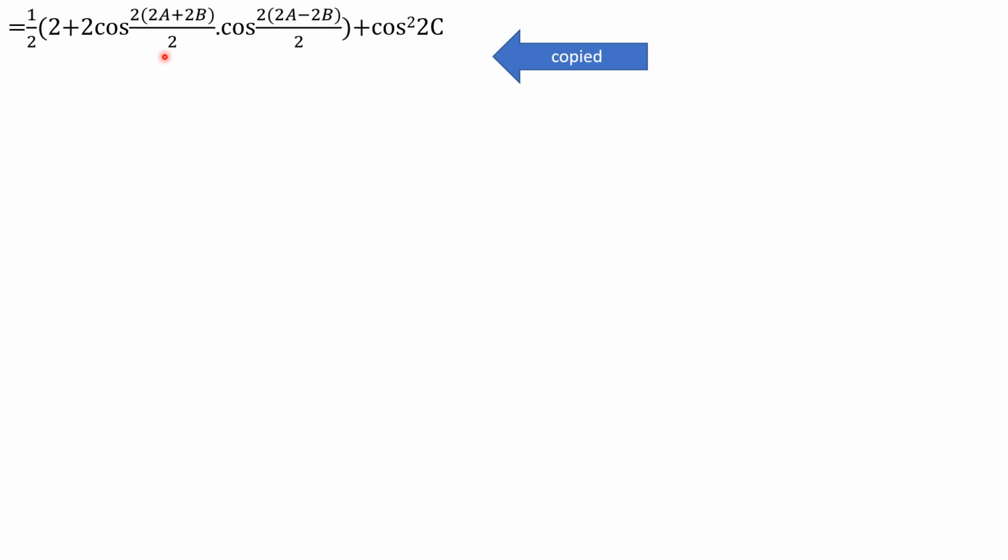Now we can cancel this 2 and 2. These 2 and this 2 also can be cancelled. So after cancellation we are getting 1 over 2 in bracket 2 plus 2 cos 2A plus 2B into cos 2A minus 2B plus cos square 2C. Please take your time to understand.